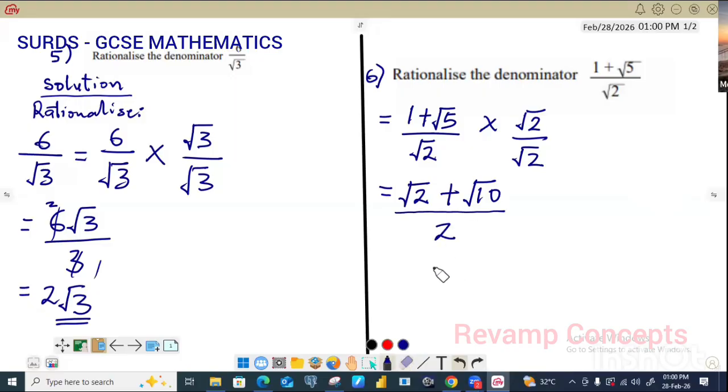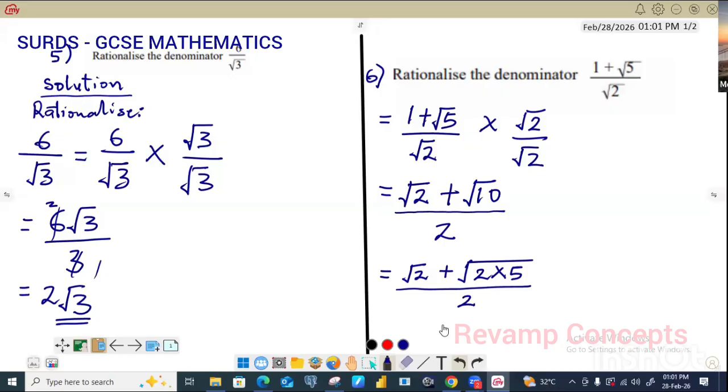Let me see, is there anything that we can do to this? Well, we should be able to simplify further. We can say root 2 plus root 2 multiplied by 5 over 2.